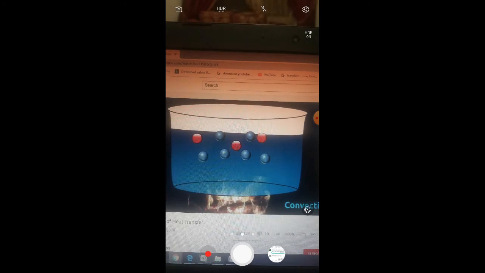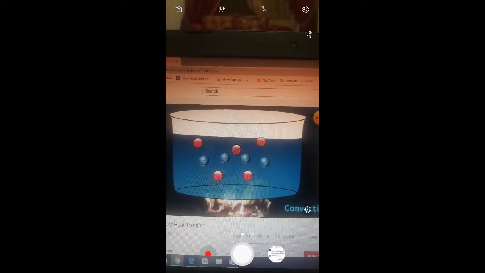So what will happen to the cooler particles? They sink down because they are denser. When they sink down, they will get warmer from the source of energy. So they will rise up. That's it. This is what happens also in the air. Exactly the same.